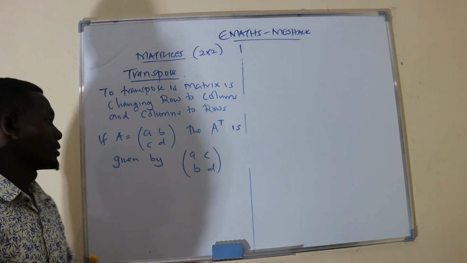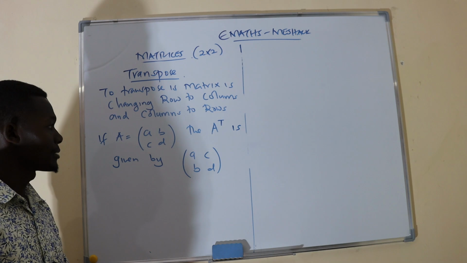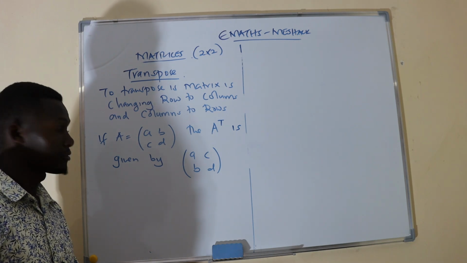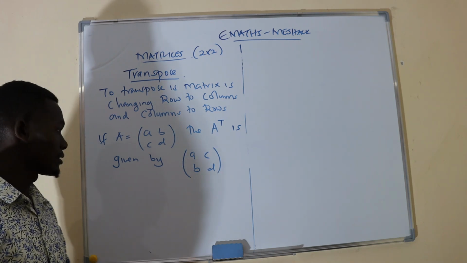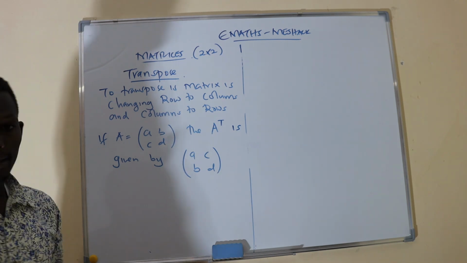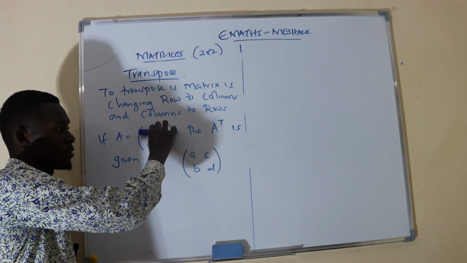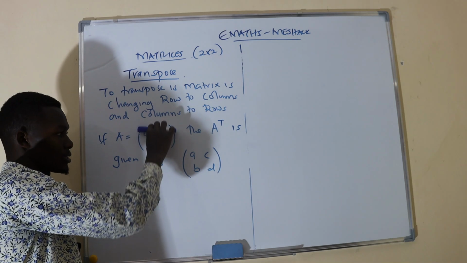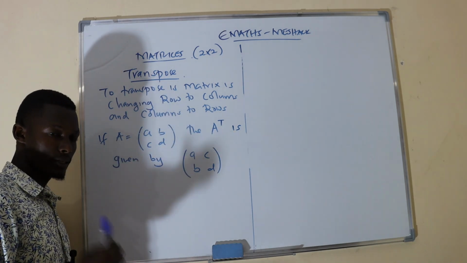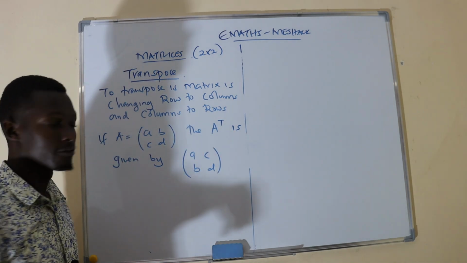So what has really happened here? You have the elements a, b, c, d in your matrix, and you have this other matrix here, which is the transpose. You can see that the elements which were arranged horizontally, they are arranged vertically in the transpose.